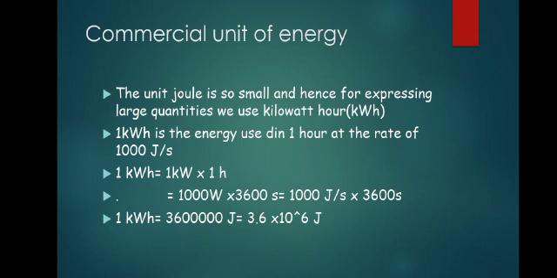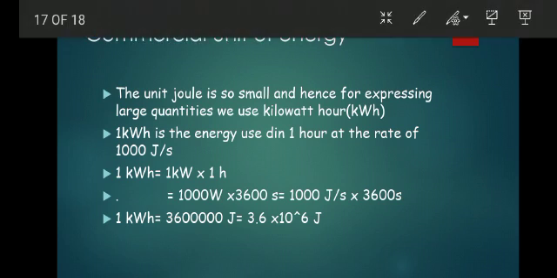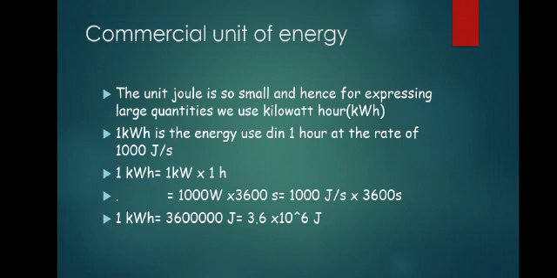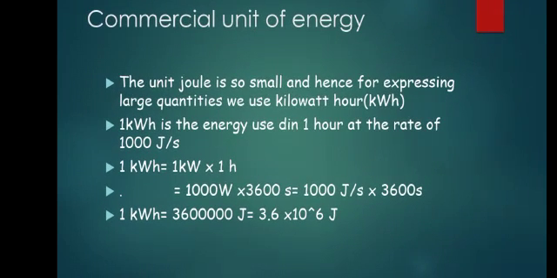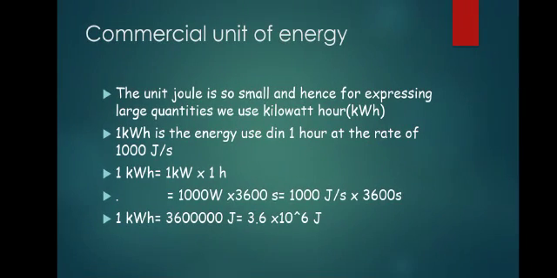The seconds will cancel, and we have 1 kilowatt hour equal to 3,600,000 joules. In short form, we count how many zeros there are, so we write 3.6 into 10 raised to 6 joules. So 1 kilowatt hour is equal to 3.6 into 10 raised to 6 joules.